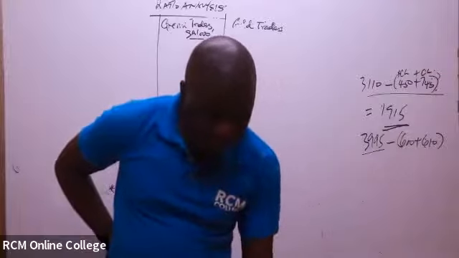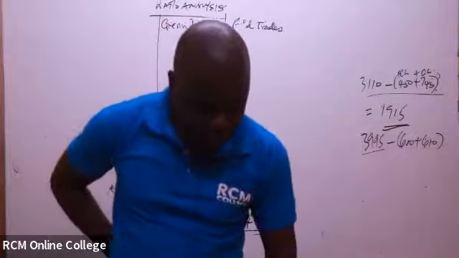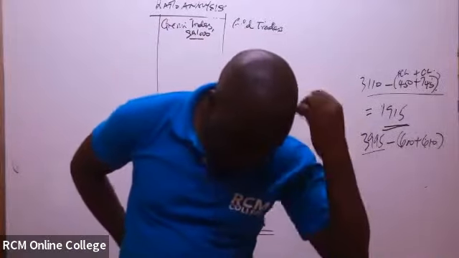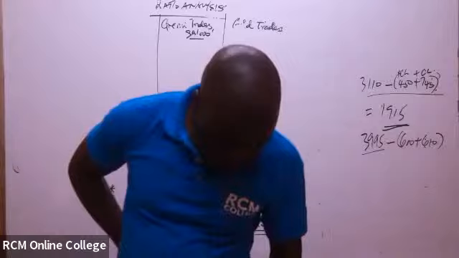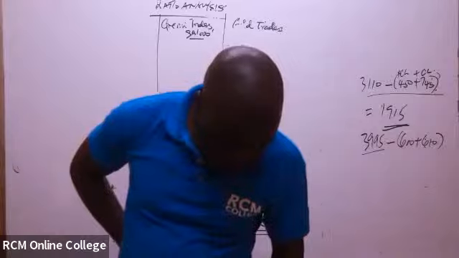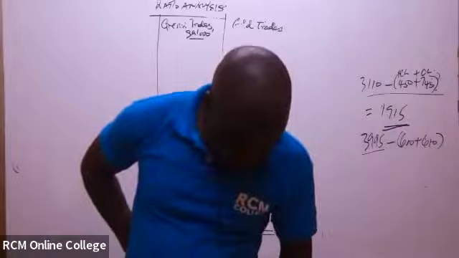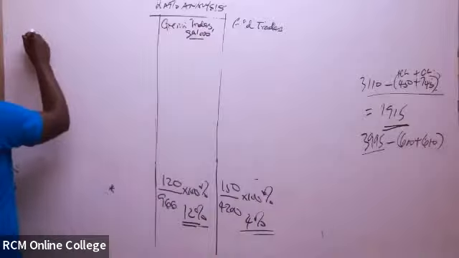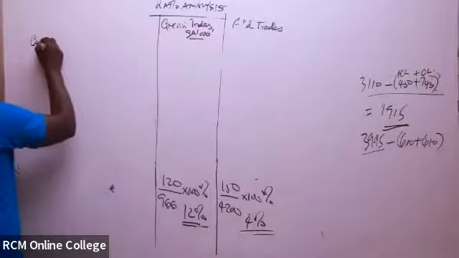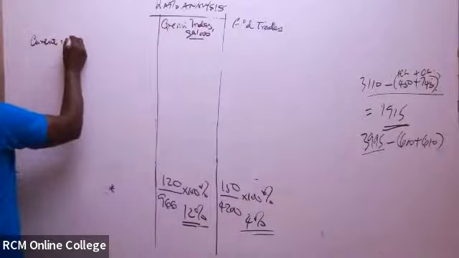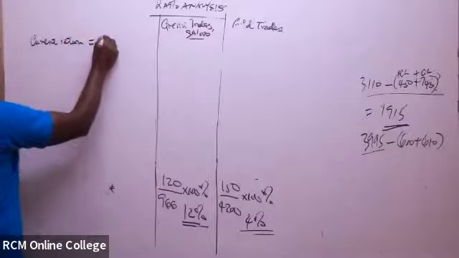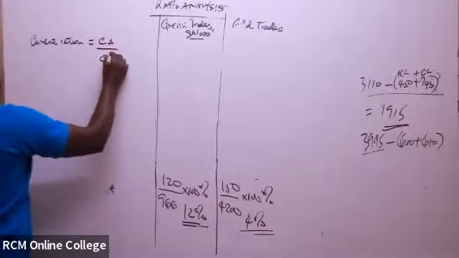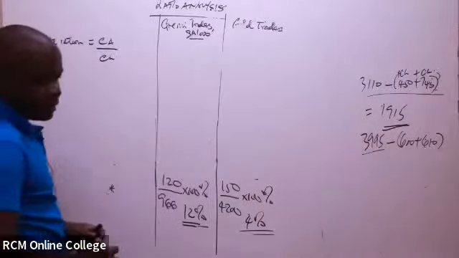So the current ratio is equal to the current assets over current liabilities.